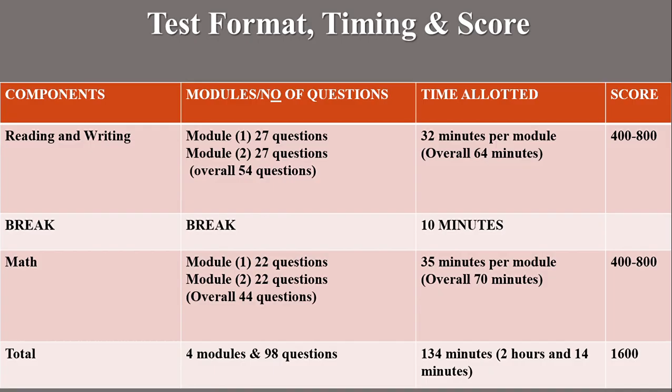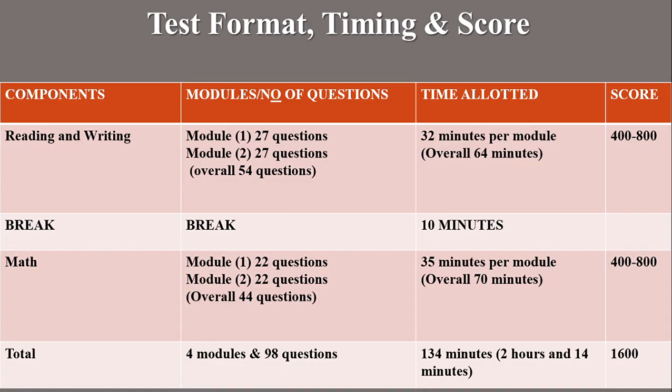The math section is also subdivided into 2. You have the first module with 22 questions. The second one also has 22 questions, though you get more time on the math. So you're going to get 35 minutes per module. Overall, you're going to have 4 modules, that is 2 for your math, 2 for the reading and writing section.